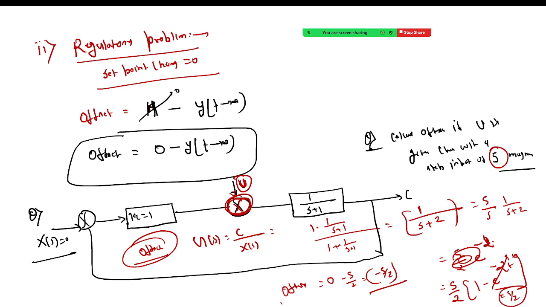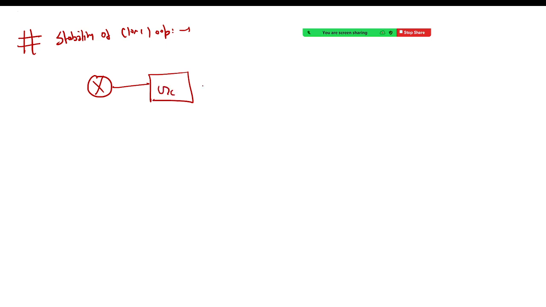So I hope these things are clear to all of you. Now I'll move forward to understand the stability of the closed loop. Here we have seen that this is GC, this is your final control element.